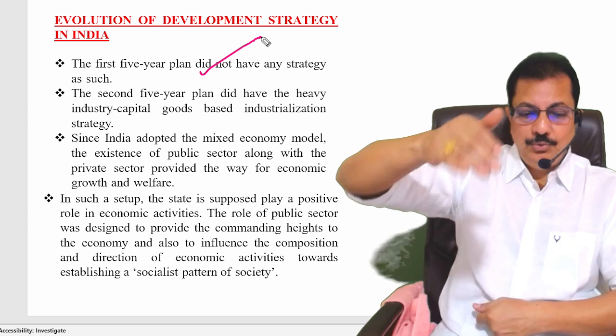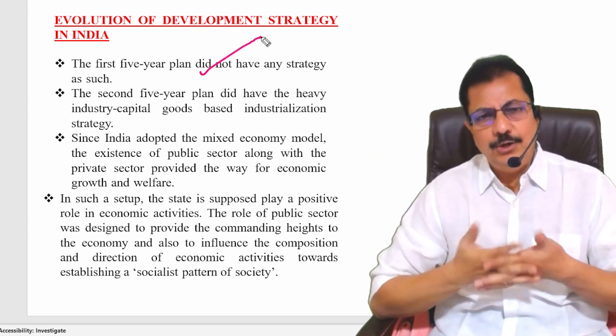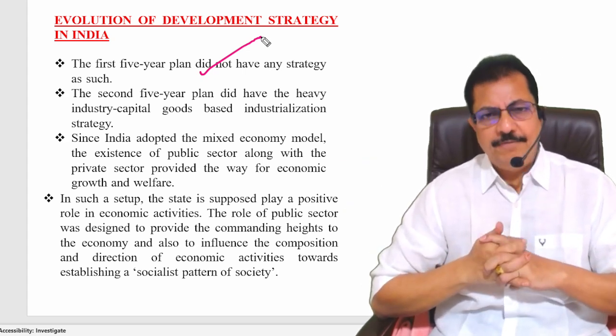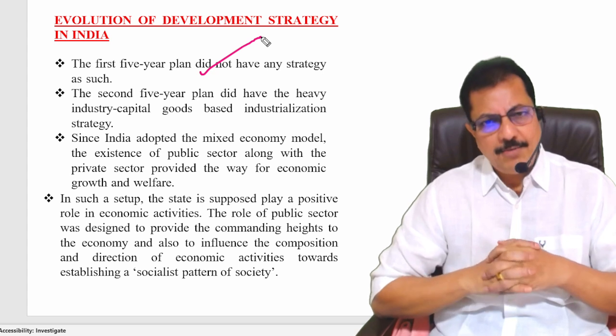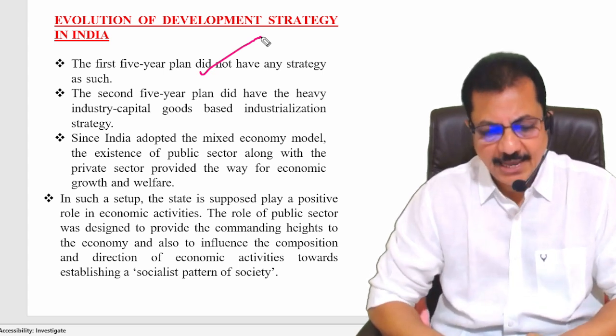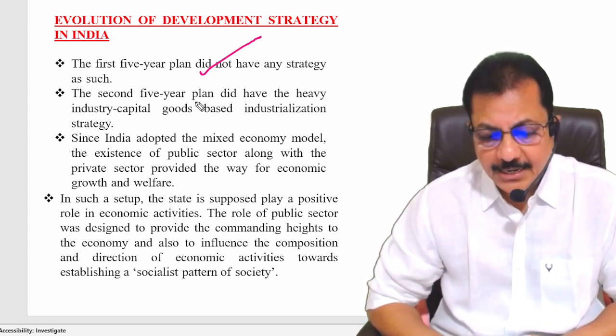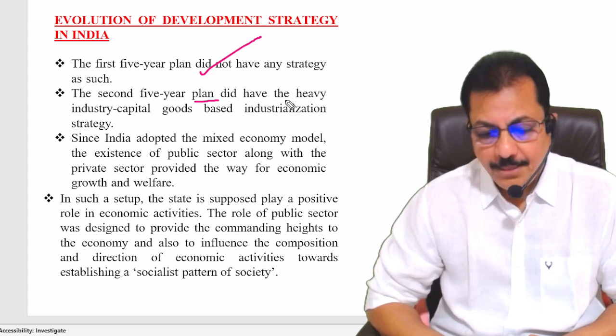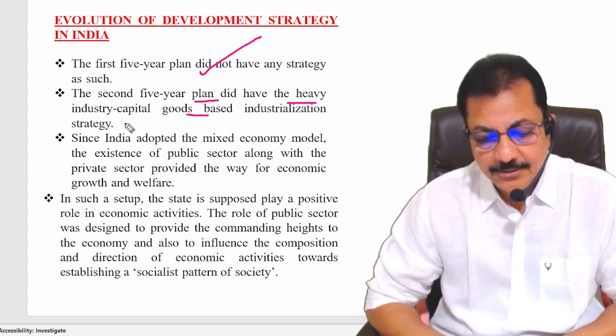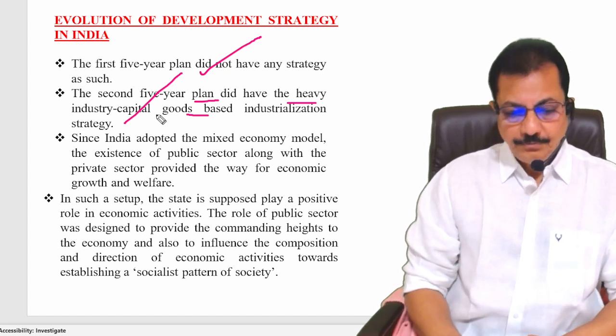But when it comes to the evolution of our planning system, the first 5-year plan did not have any specific strategy as such. The second 5-year plan did have the heavy industry, capital goods based industrialization strategy.